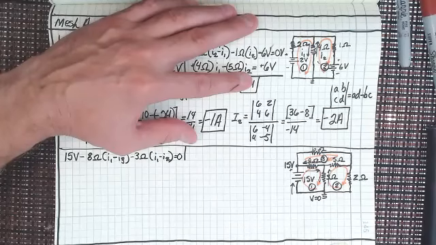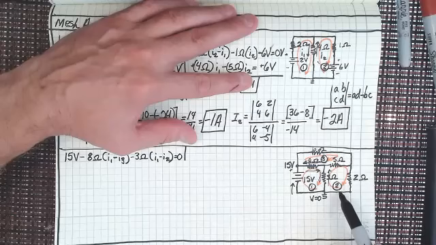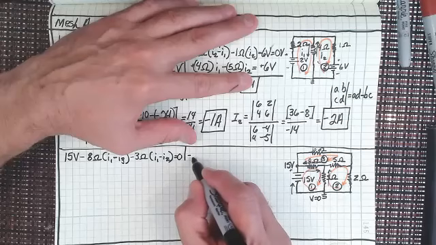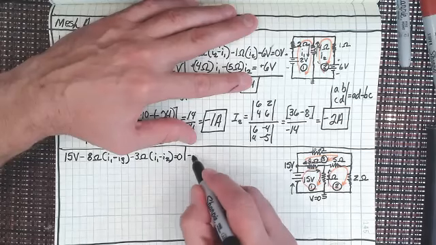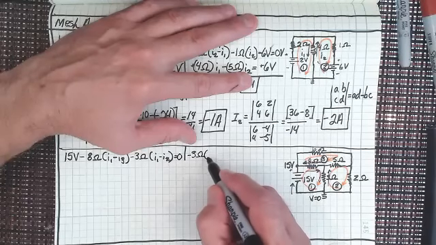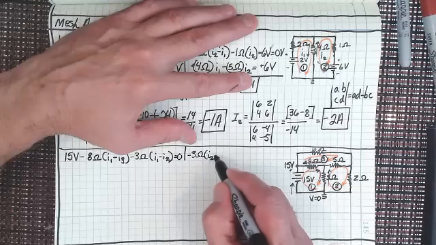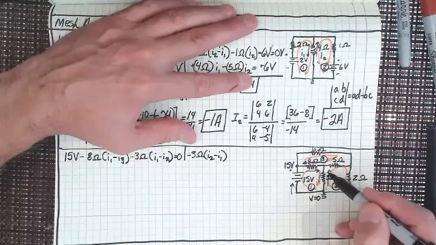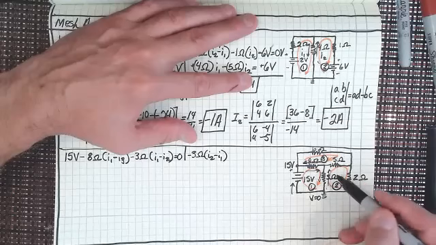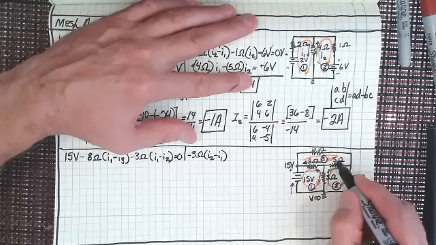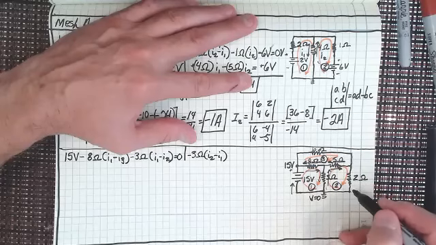Now let's do the second one. Second one over here is I2. So if I start at the bottom again, I'm going to have minus 3 ohms, right? But now it's I2 minus I1. Right? Because I2 is going in that direction, but I1 is coming in the opposite direction. Same thing is true here. We've got I2 flowing that way, but we have I3 flowing this way.